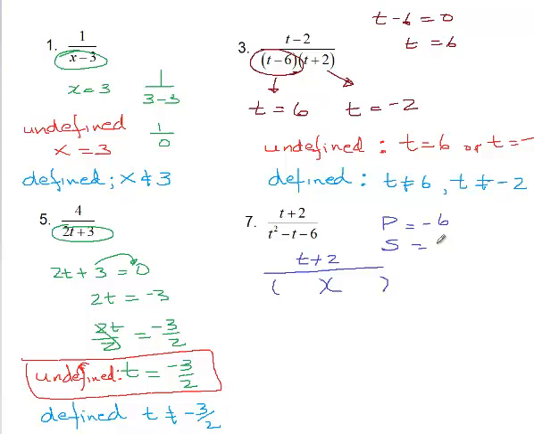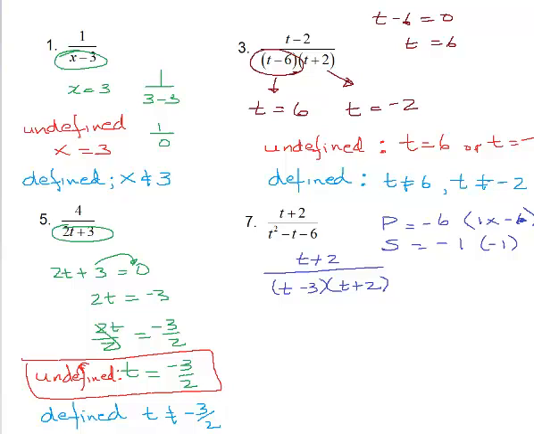Remember, the product comes from the first coefficient times the last coefficient, and the middle term gives us the sum, which is negative 1. And those numbers are minus 3 and plus 2. So it's going to be t minus 3 and t plus 2.